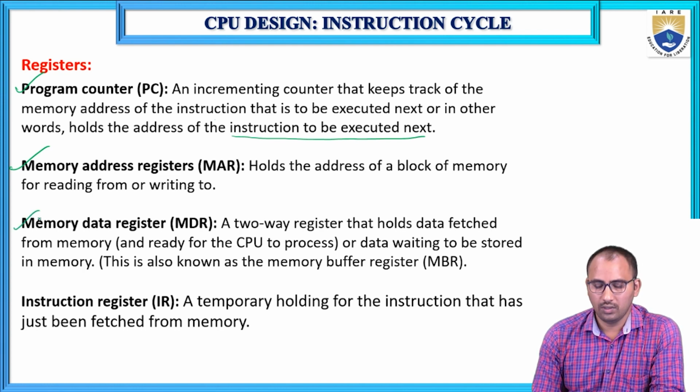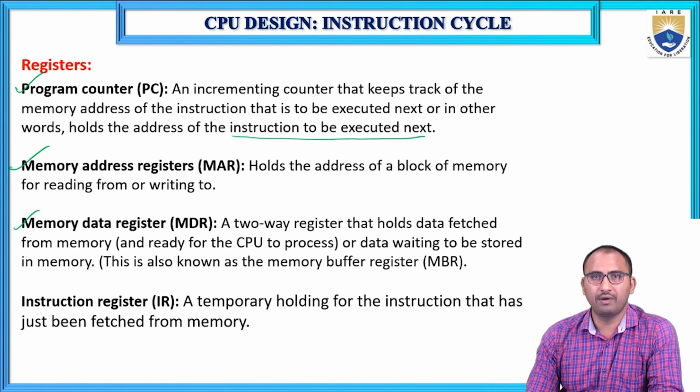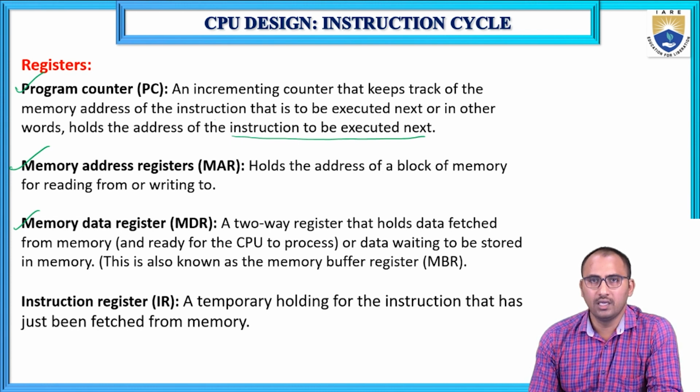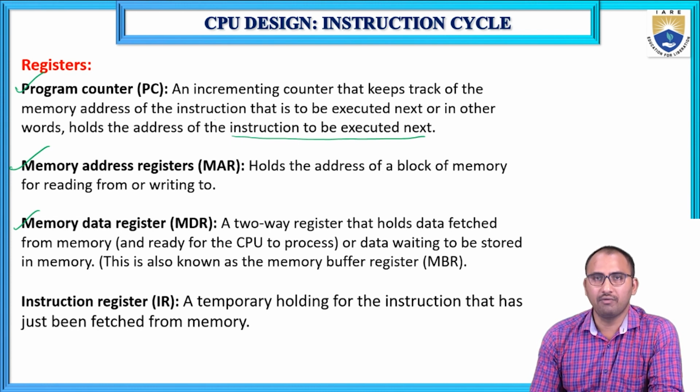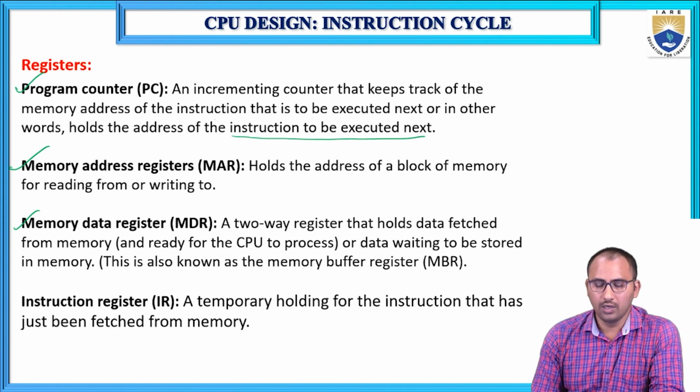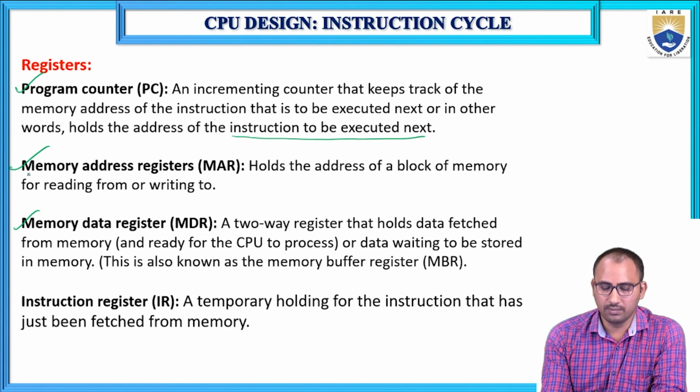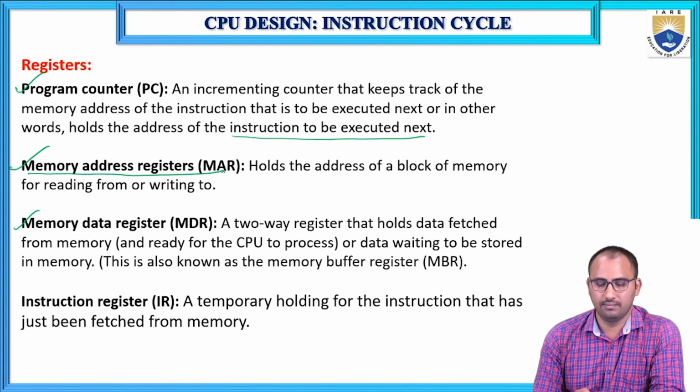Using the memory, we perform two types of operations: memory read or memory write. When we perform a memory read or memory write operation, the corresponding memory address is stored in this memory address register. Next, the memory data register.